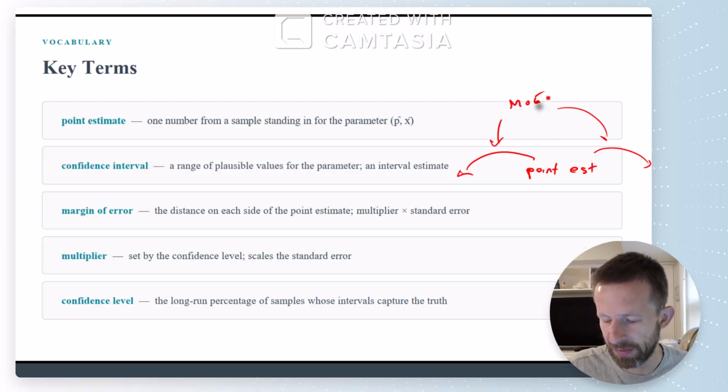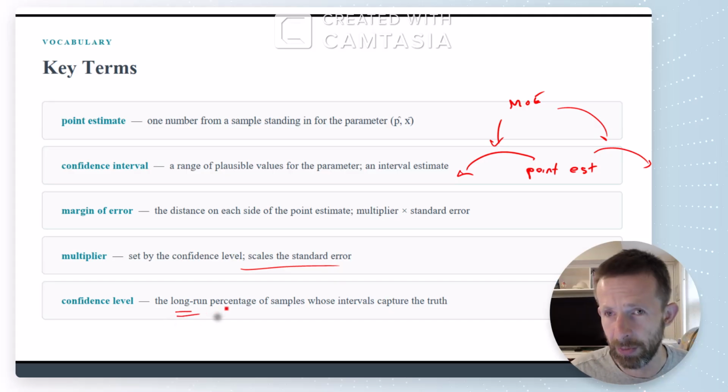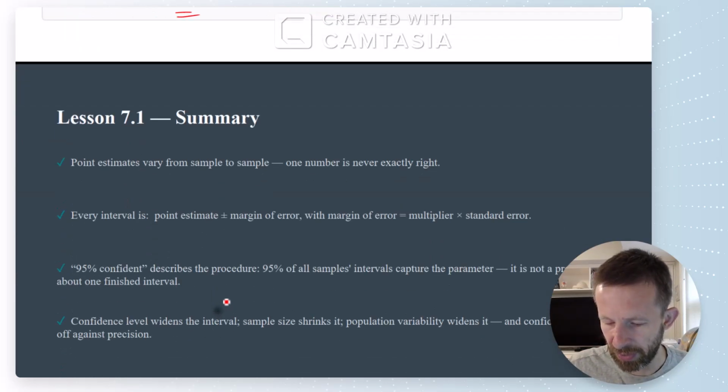The multiplier set by the confidence level scales the standard error. We'll talk more about that in the next two sections. And the confidence level is the long run percentage. So as I do it again and again and again, it's the percentage of all confidence intervals constructed from samples that capture the population parameter.